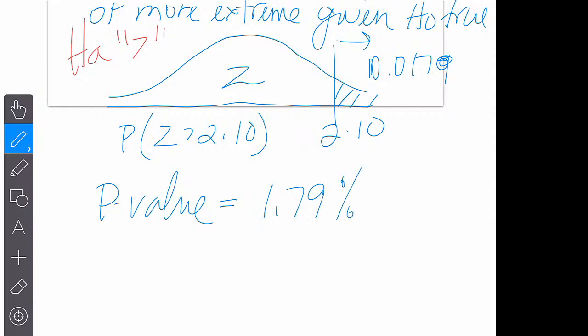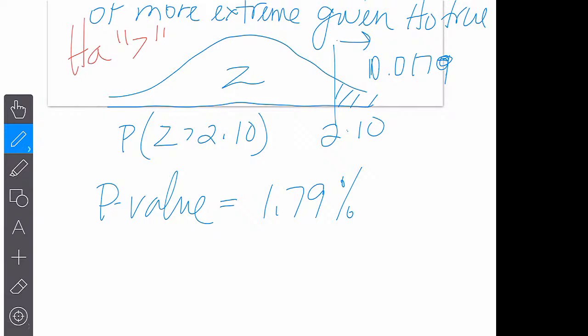The chance of being 2.1 standard deviations above the mean in a sample that was supposed to have a mean of 22 is very unusual. So this actually is saying 26.4 is different according to this.